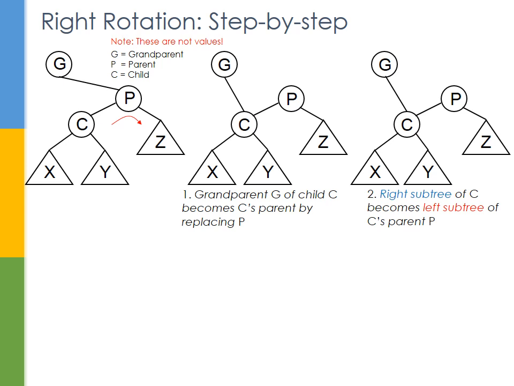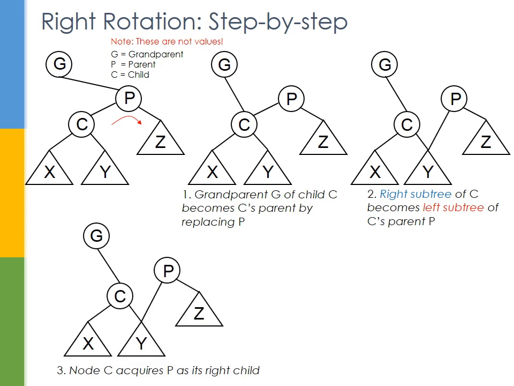So that means we sever the connection between P and C, and we then create a connection along the left branch connecting P and subtree Y over here. Notice that we haven't lost a reference to C because it is still referred to via the grandparent's right branch.